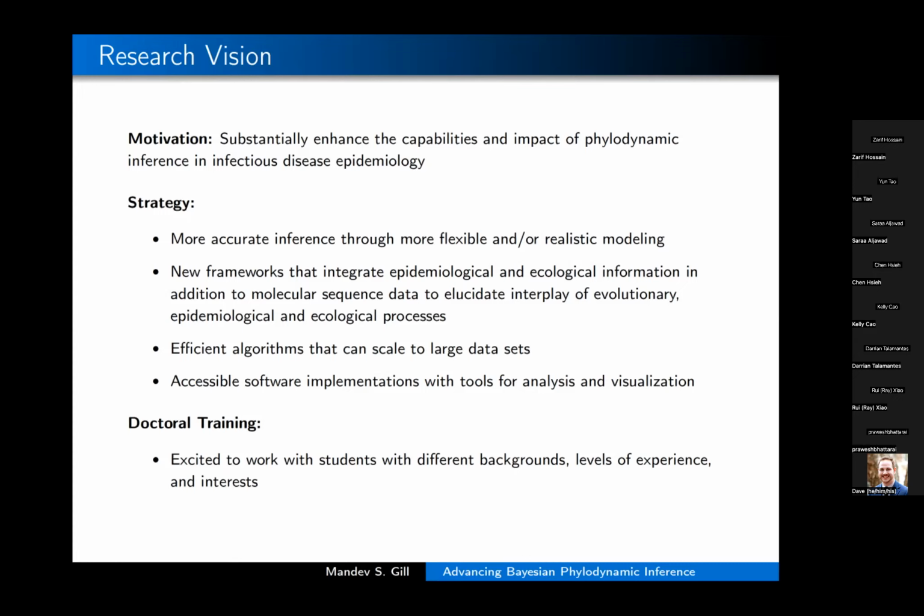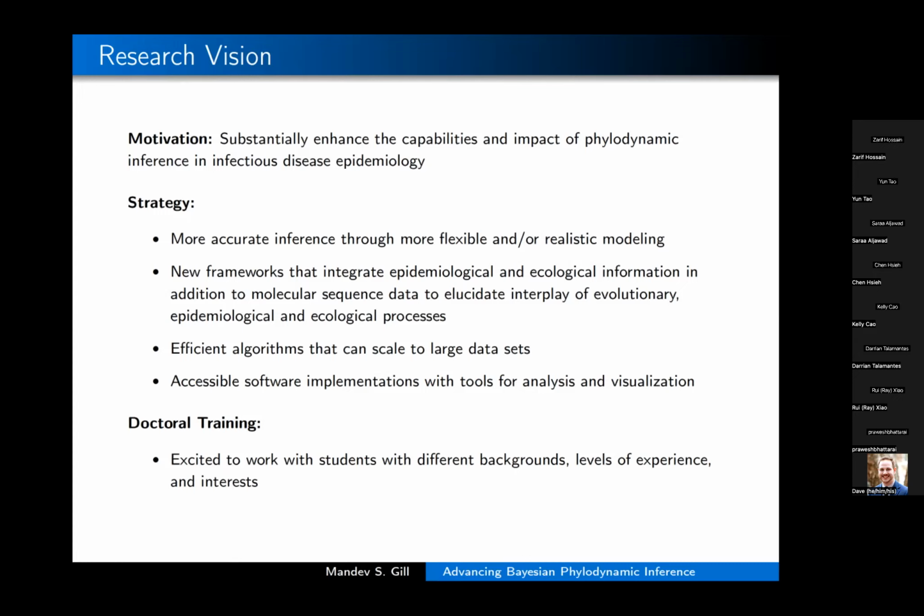In those types of situations where the sampling locations are much more discretized, where it doesn't make sense to have a continuous reconstruction that goes over the Atlantic Ocean or something like that, then a discrete phylogeographic inference framework is more appropriate. It also can depend upon the scientific question you're trying to answer.